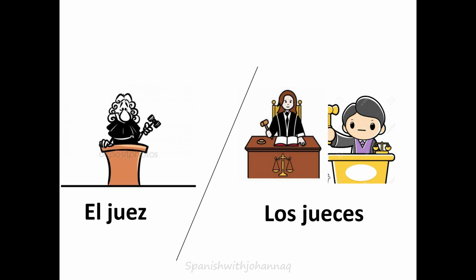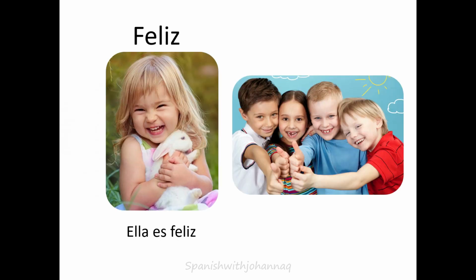And here we have the adjective feliz, that is happy. Here we can see this sentence. Ella es feliz. She's happy. Here we are talking about one person, only one. So we have to say that adjective in singular. But here we want to say a similar sentence but in plural, saying they. They are happy.